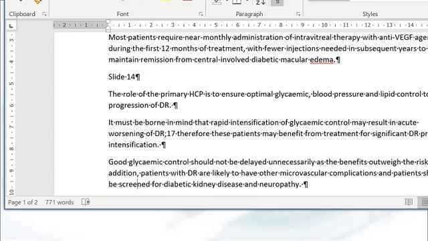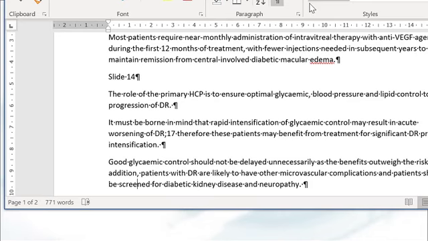It's worth bearing in mind that when you intensify glycemic control, this may result in an acute worsening of diabetic retinopathy. Particularly, people might start to get severe blurred vision. Therefore, patients may benefit from treatment for significant diabetic retinopathy prior to intensifying their glycemic control.